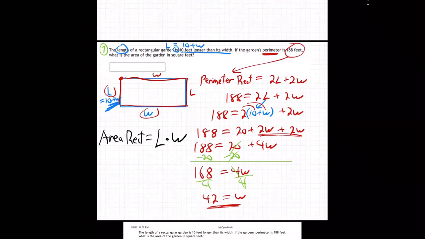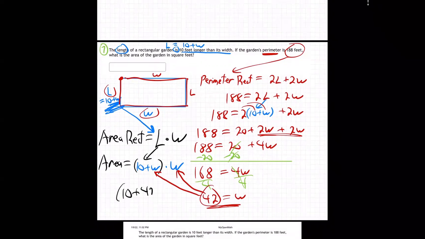All right, so the area then is length times width. What's the length? Well, 10 plus W right here. L is 10 plus W, times W. All right, and then what's W? 42. So pop in 42. So it's 10 plus 42 times 42.